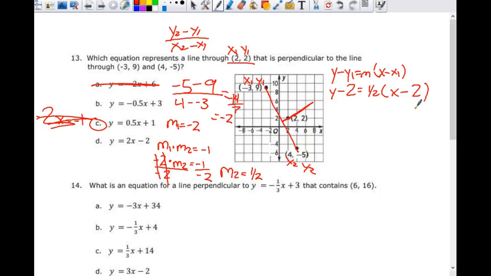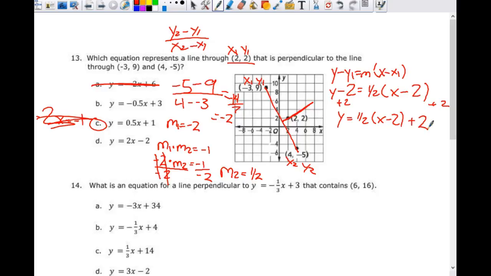So let's add 2 to this side and add 2 to this side. So we have y is equal to 1/2 times x minus 2 plus 2. Does that look right? That looks the same as that?